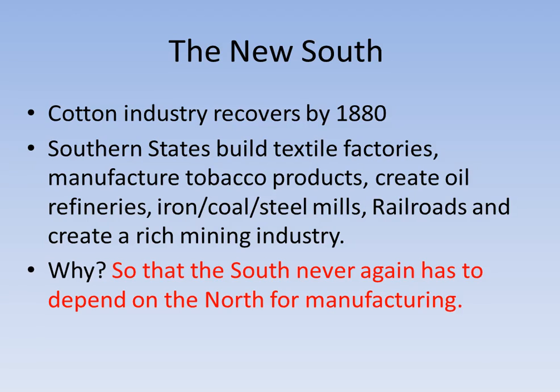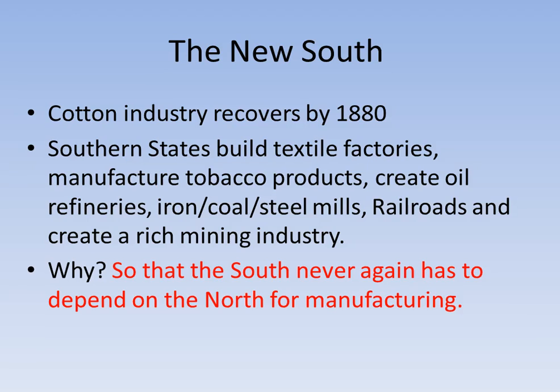And they use that money to build textile factories, to manufacture tobacco products as well, and to create oil refineries, steel mills, coal, iron. All these big manufacturing factories are taking over in the South. And along with that, railroads and an overgrown mining industry take root in the South.